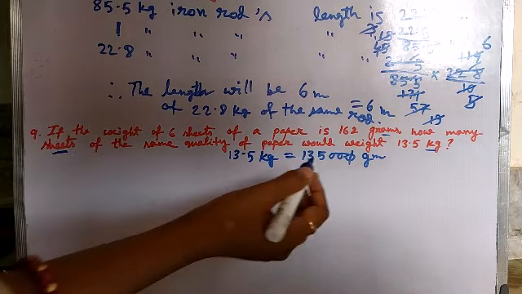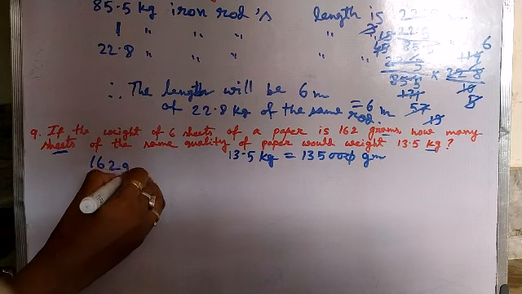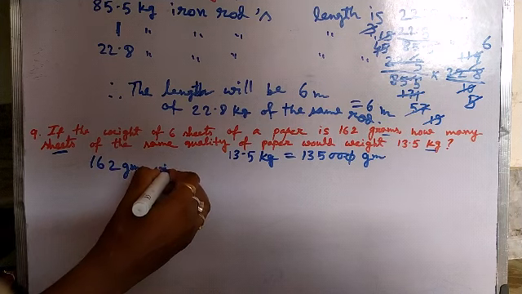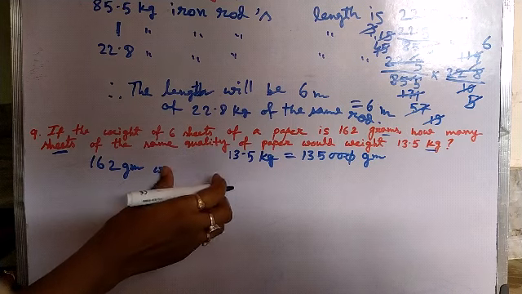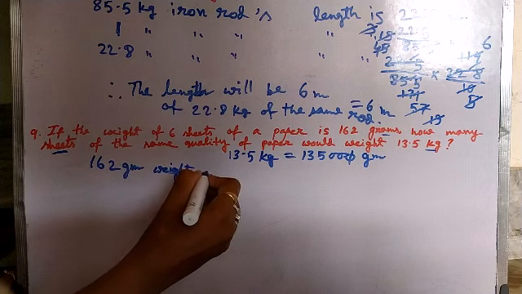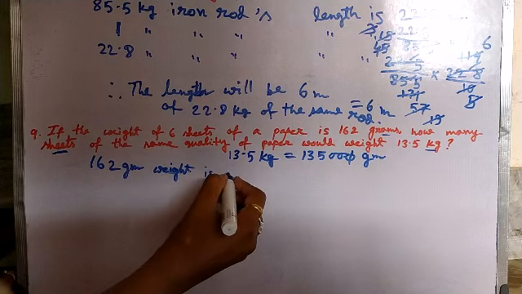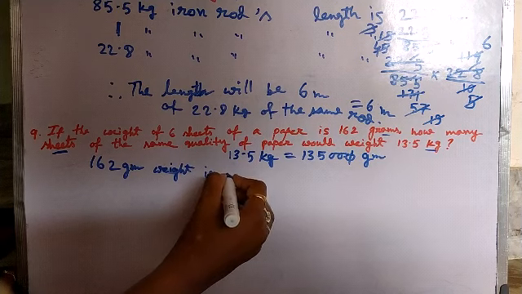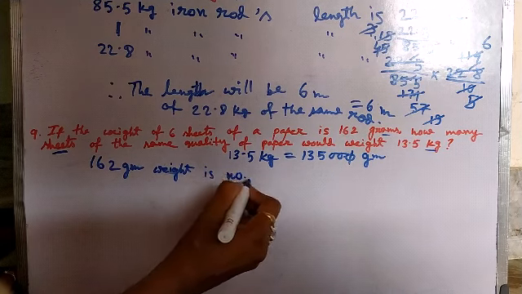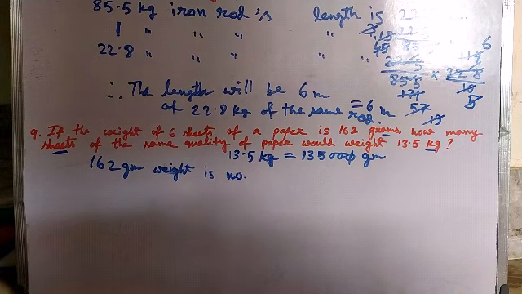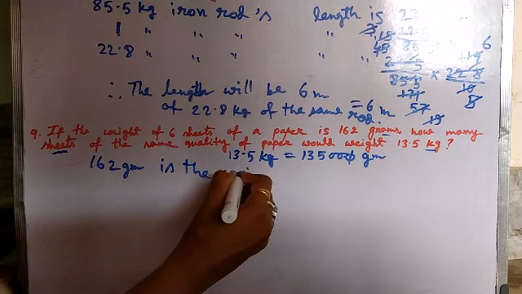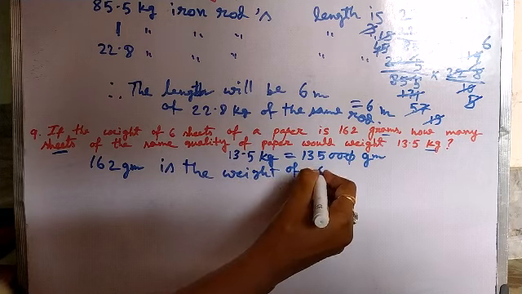Let's start the sum. So 162 gram is the weight of 6 sheets of paper.